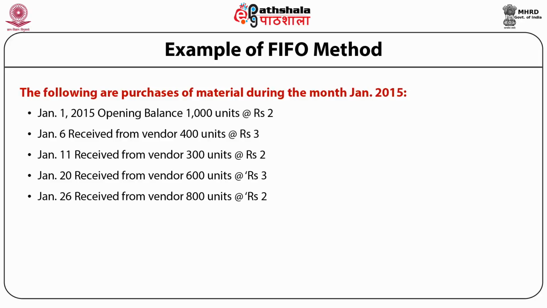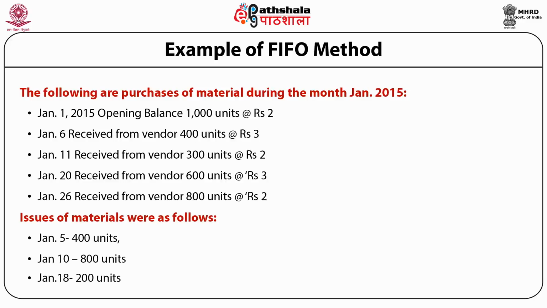On 20th January, it received 600 units at the rate of 3. On 26th January, it received 800 units at the rate of 2. Then issues were made. Material was issued on 1st January 400 units, 10th January 800 units, 18th January 200 units.